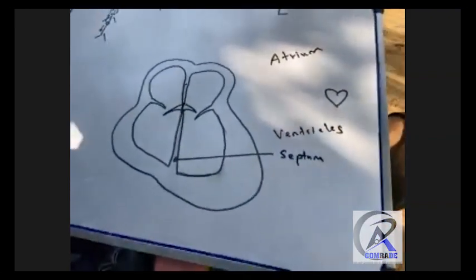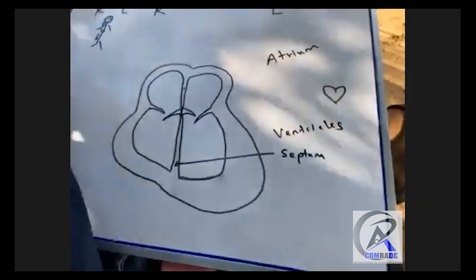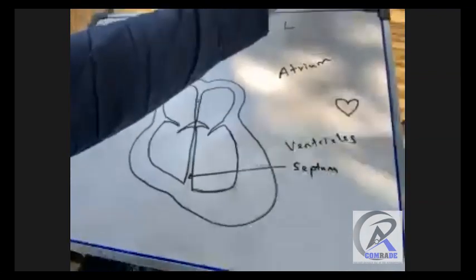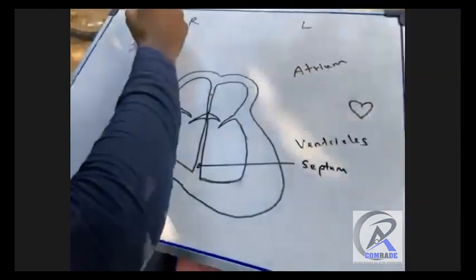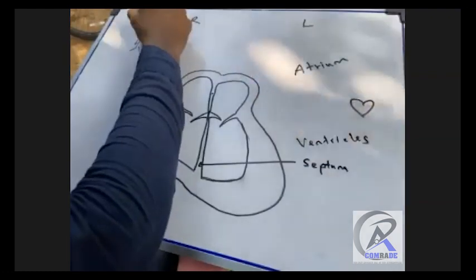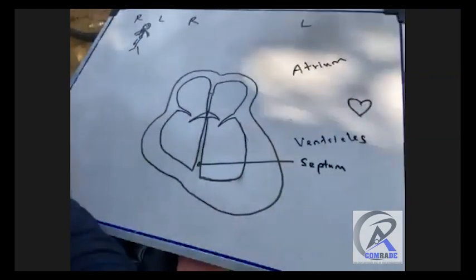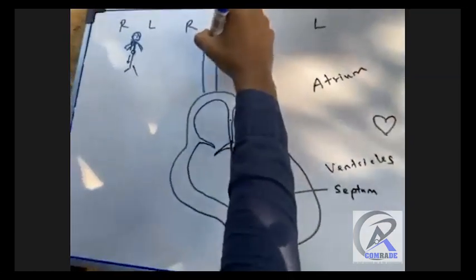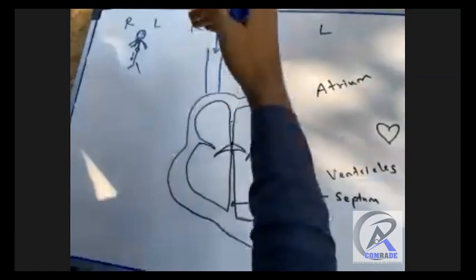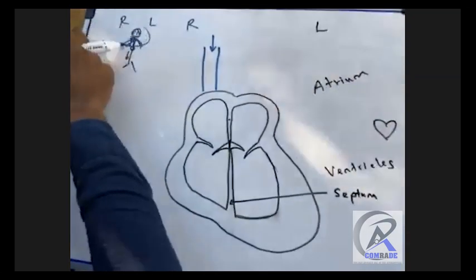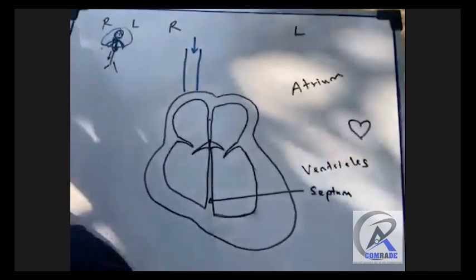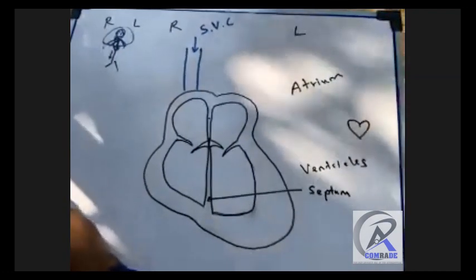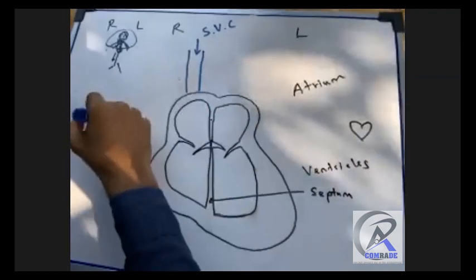From the top of the body, from the head, upper limbs, meaning hand, forearm, and arm, and from the neck, from all the top part, used blood comes like this, from top to bottom towards the heart. All these parts are superior to the heart, so we call it the superior vena cava.